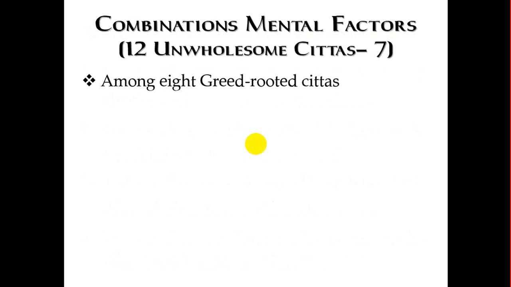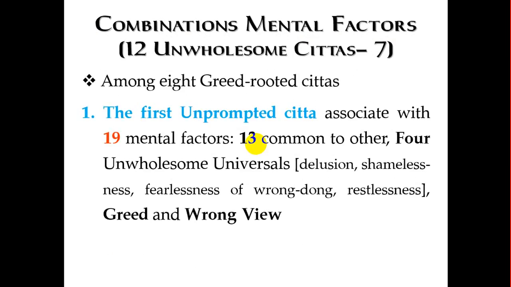Among the 8 cittas rooted in greed, the first unprompted citta is associated with 90 middle factors: 30 common to the others, 4 unwholesome universals, which are delusion, shamelessness, fearlessness of wrongdoing, and restlessness, and greed and wrong view.